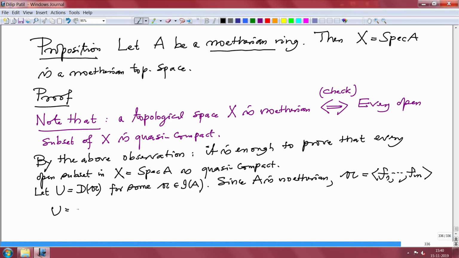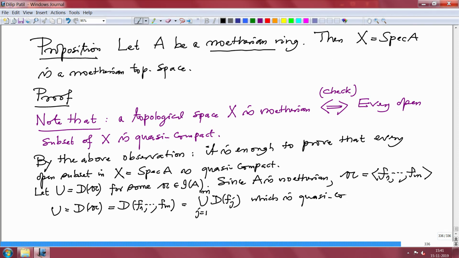Then U equal to D(a), which is equal to D of f_1 to f_m, but that is the union of D(f_j), j in 1 to m, which is clearly quasi compact, because each D(f) is quasi compact.